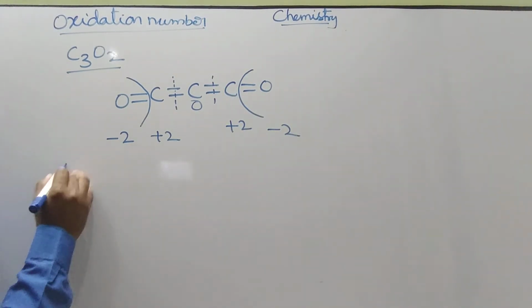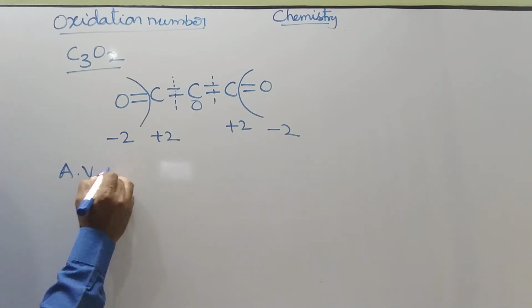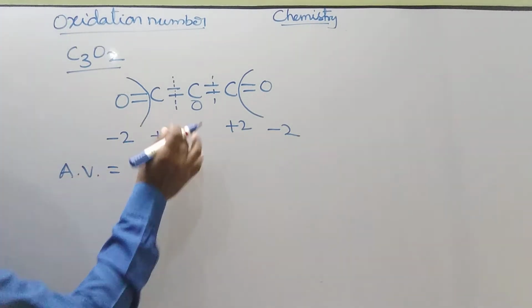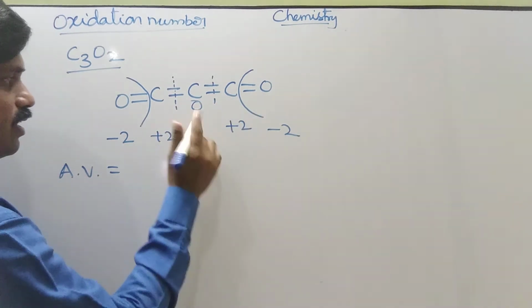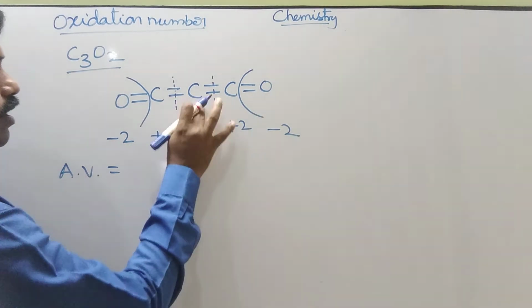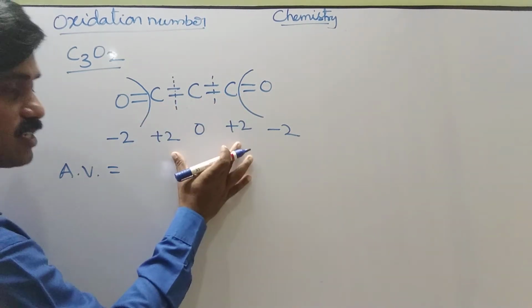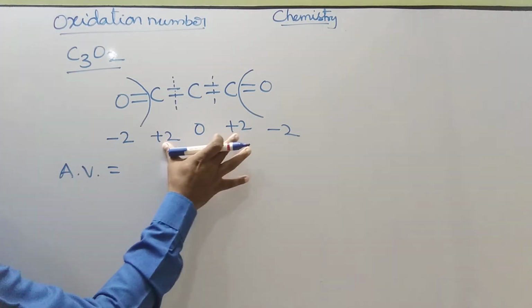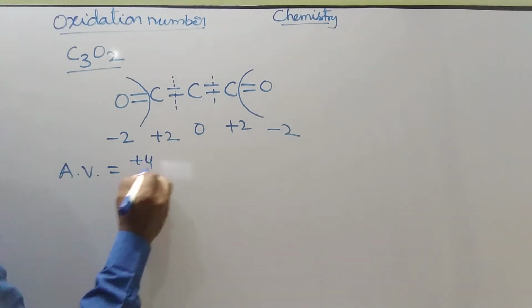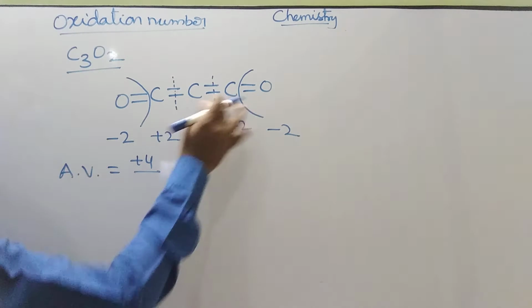Look at now the average oxidation state of carbon. Here how many carbons are there? 1, 2, 3 carbons. Out of 3 carbons, the central carbon oxidation state is 0. Left side and right side carbons oxidation states are each +2. That's why +2 plus 2 is +4, divided by how many total atoms? 1, 2, 3.